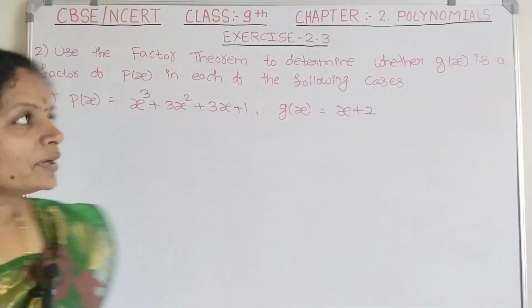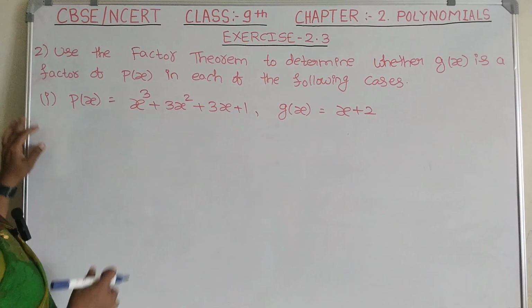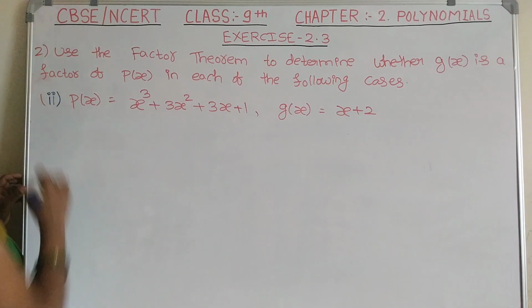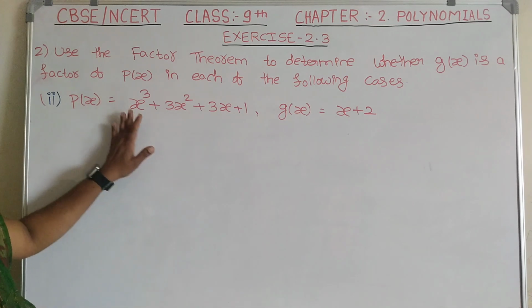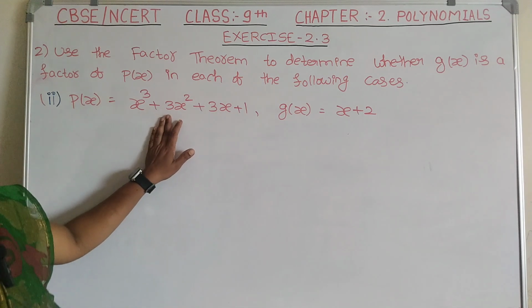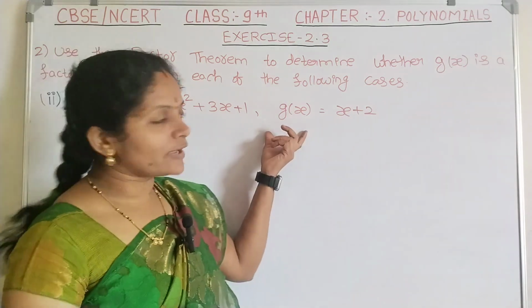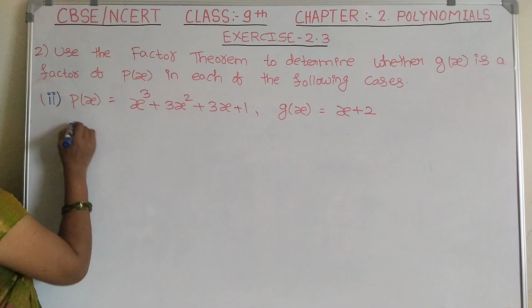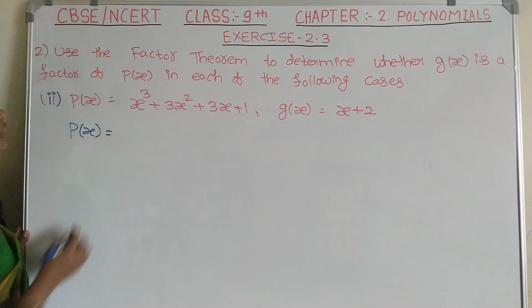Next, question number 2 from this bit. P of x is equal to x cube plus 3x square plus 3x plus 1 and g of x is given as x plus 2. I am going to write the given polynomials.